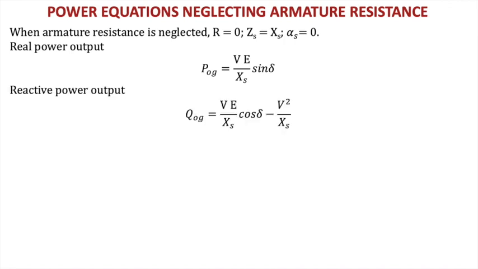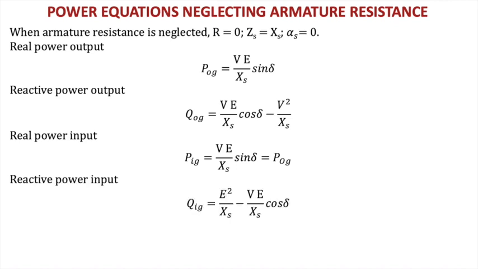The reactive power output becomes VE by Xs cos del minus V square by Xs, and the real input power is VE by Xs sin del, the same as the real power output, and the reactive power is E square by Xs minus VE by Xs cos del.